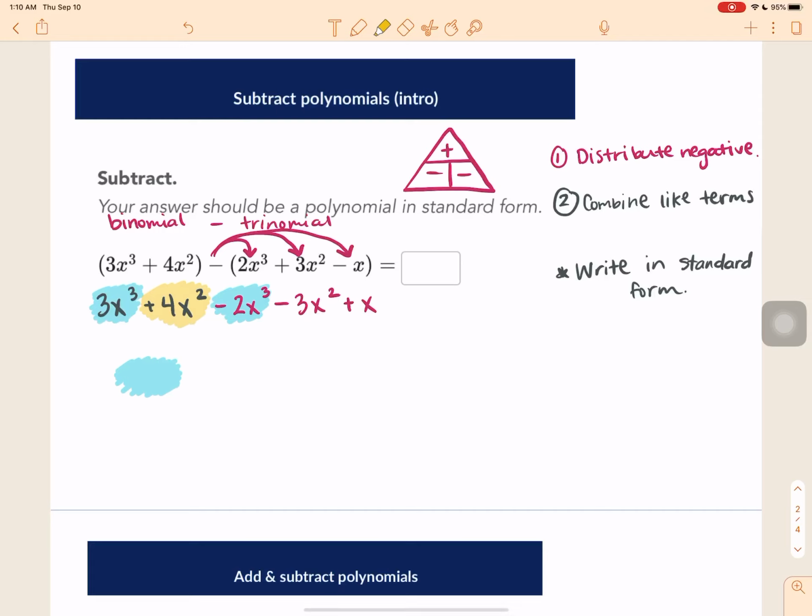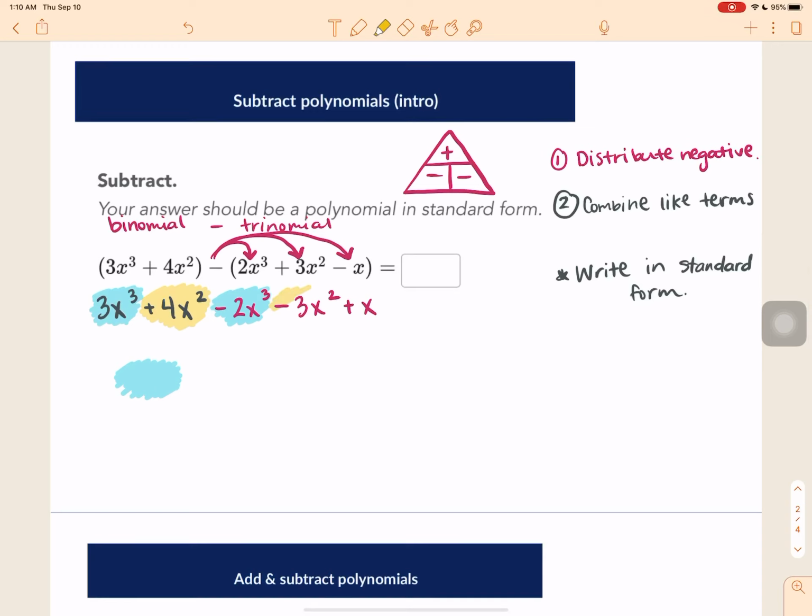I want to see if there's any other x squareds, and there is one term, negative 3x squared, that I'll have to combine. And then last but not least, I have this x all by itself. There's no other terms left, so that x will just be brought down here.